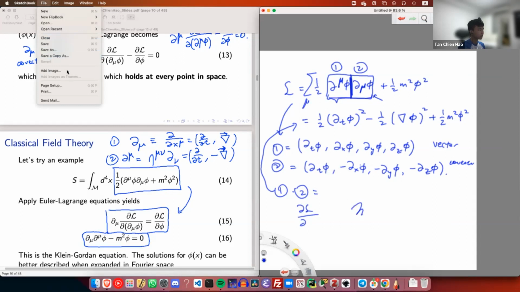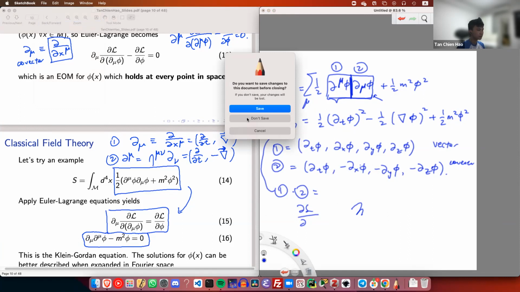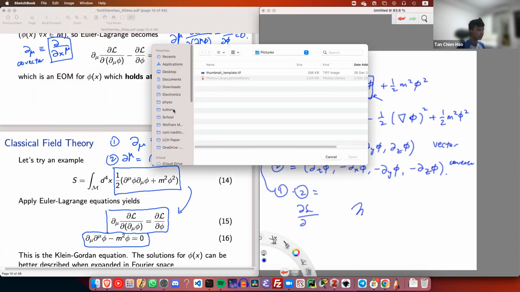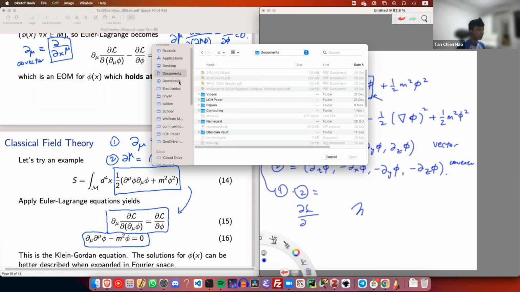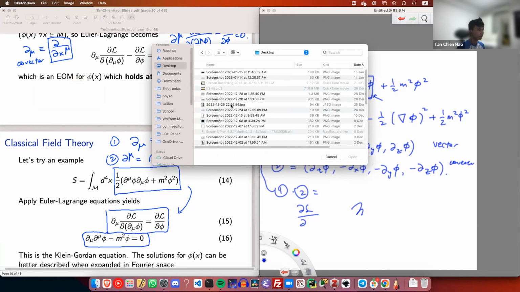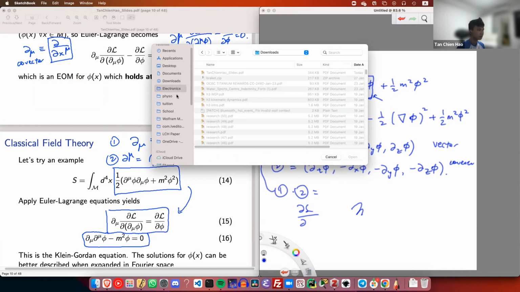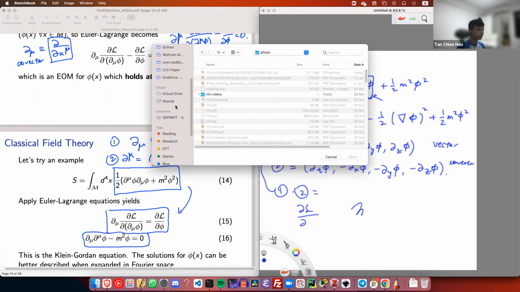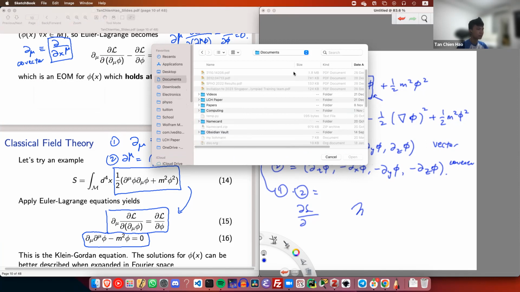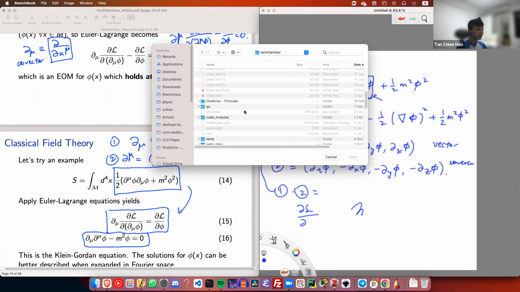Sorry, I used to have a bunch of templates that are quite big. I think they are in pictures. Sorry for the technical things.